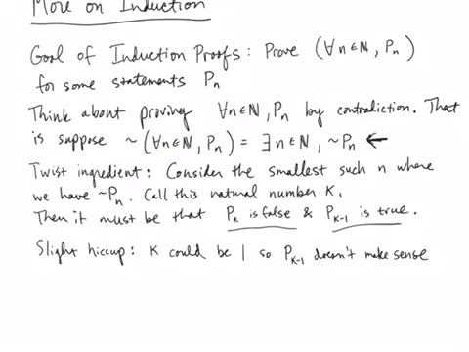In which case this idea of considering the smallest such n doesn't really help us. If k is equal to 1, that would say that all of our propositions are false. So if you want to use this method, you're going to have to establish that P sub 1 is not false first. In other words, you're going to have to establish a base case.